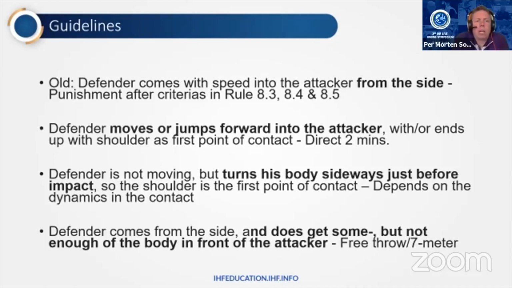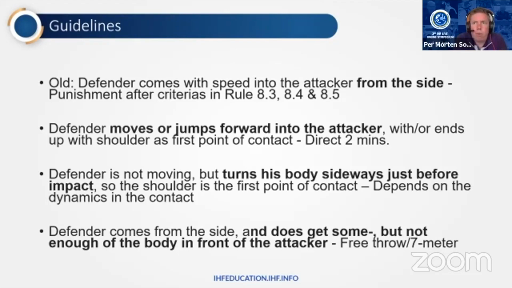So the old style here, this is a defender who comes with speed into the attacker from the side. If you close the space, but come really late and come into the attacker with speed from the side, there might be punishments after the normal criteria for punishments. It's rule 8.3, which is progressive punishment, starts with a yellow card.